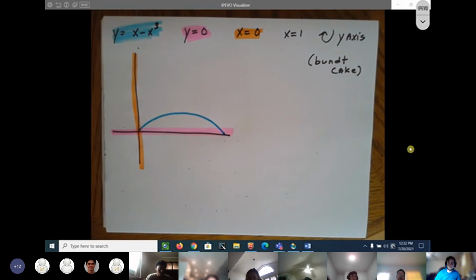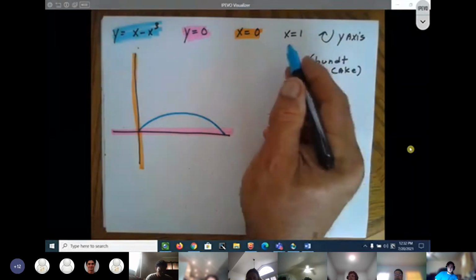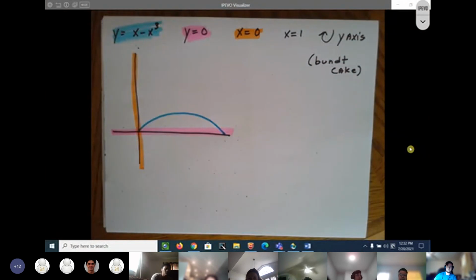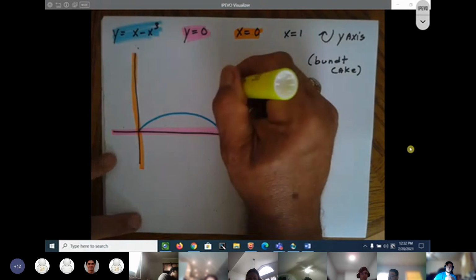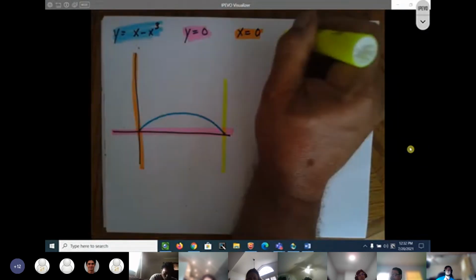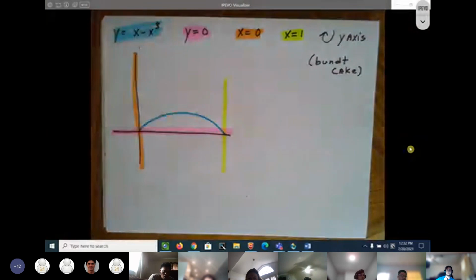Now, why did I only draw that? Because that's all we want. And x is equal to 1, that's going to look like yellow. So the area they want is this green area right here.